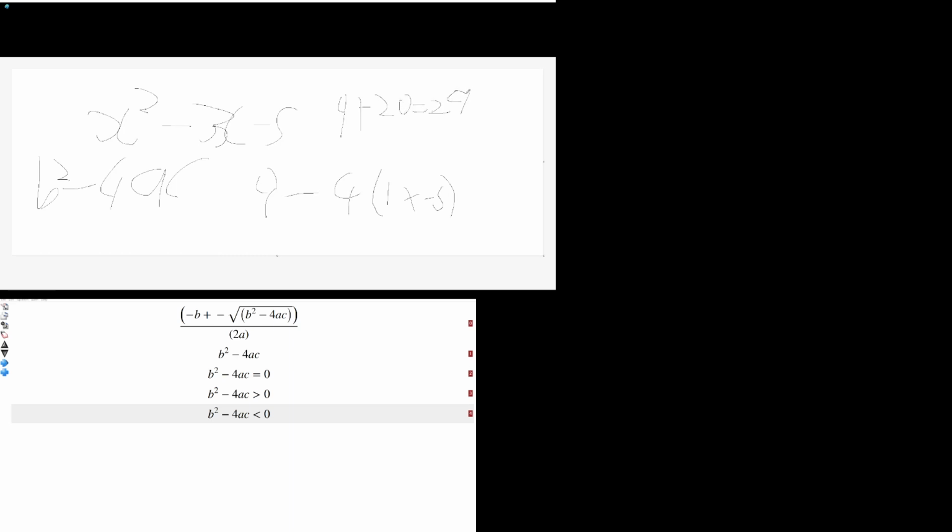Now this number doesn't really matter. All that matters about it is the sign in front of it. Is it positive? Is it negative? Or is it 0? So in this case it's positive, therefore there are 2 roots.